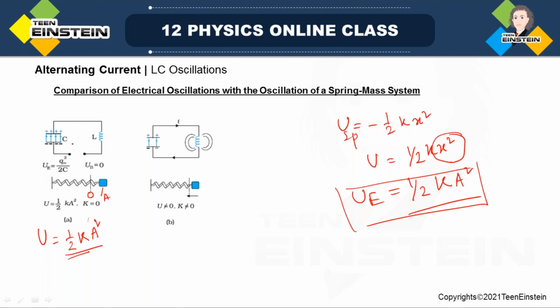But in the LC circuit, when the circuit is not closed but the capacitor is fully charged, the capacitor will hold the whole electrical energy as electric potential energy, Q square by 2C. Here Qm is the maximum charge in the capacitor in the beginning.